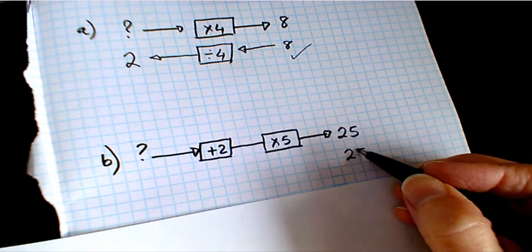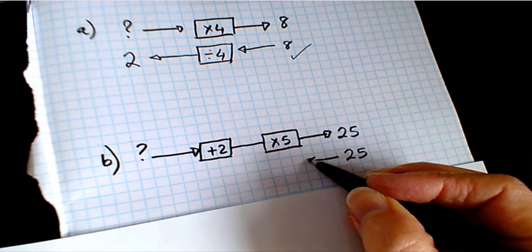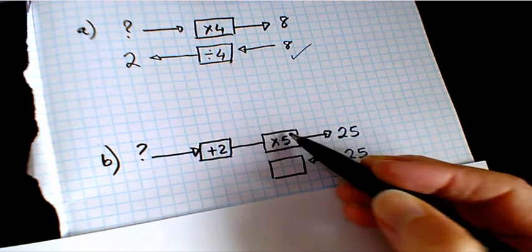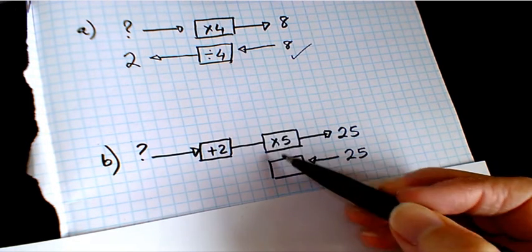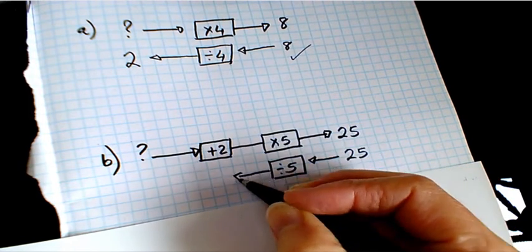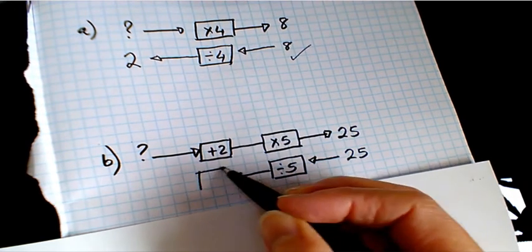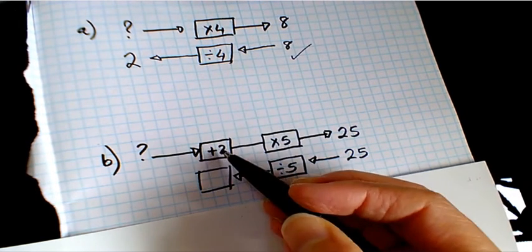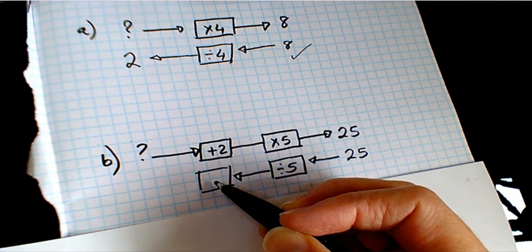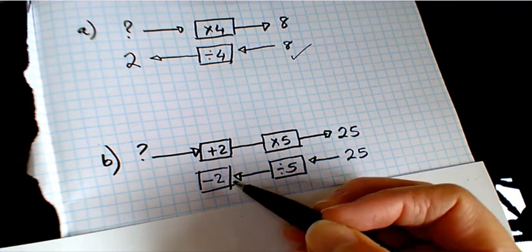So I've got 25 here. I'm reversing my direction. I'm going to put my inverse function of times by 5 here, which is divide by 5, and I'm still going in a different direction there. And I've got +2. The inverse or the opposite thing of add 2 is take away 2.